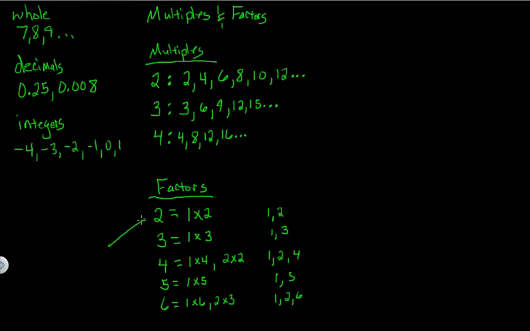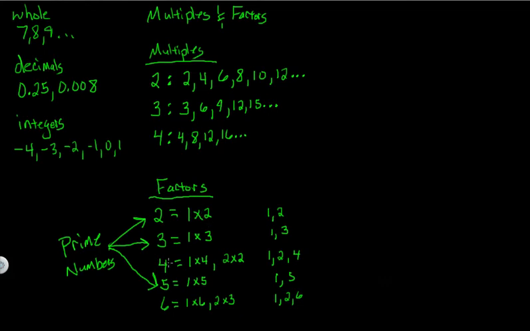These are what we call prime numbers, all right? A prime number is a number that only has two factors. And those two factors will be 1 and the number itself. All right, these are prime numbers. They only have two factors.